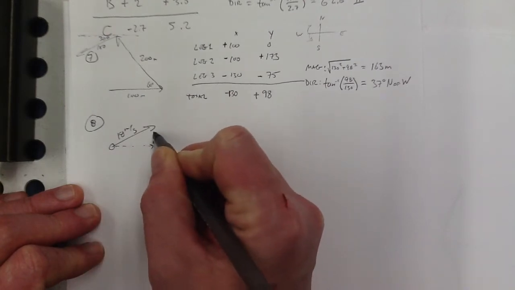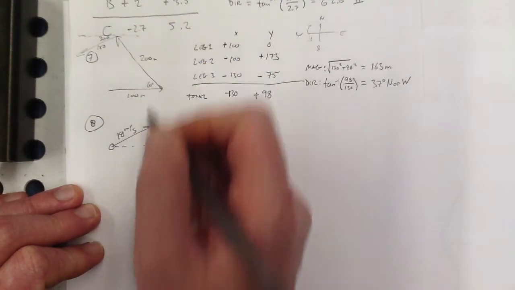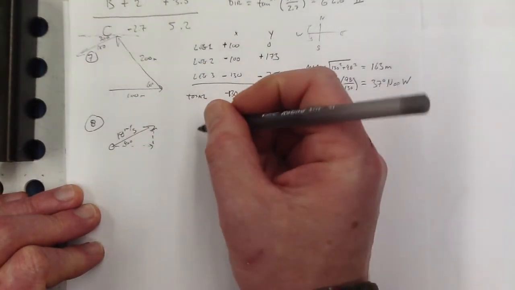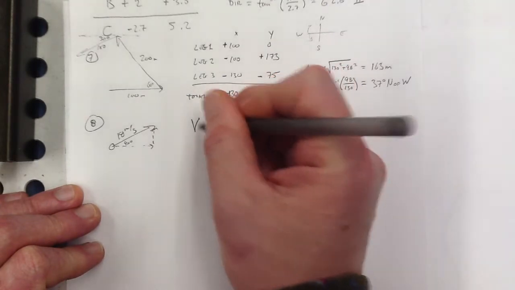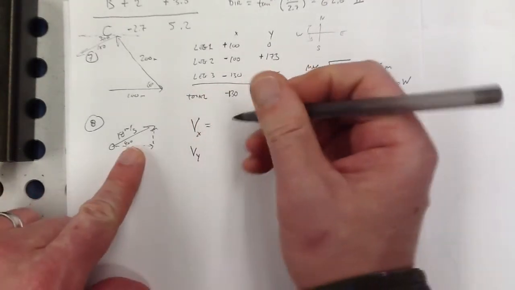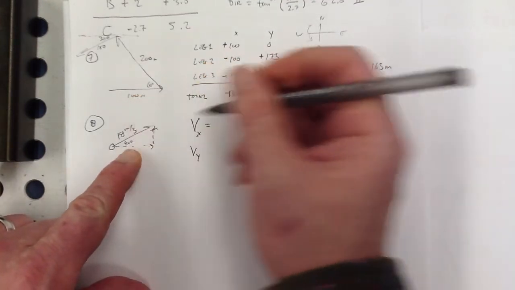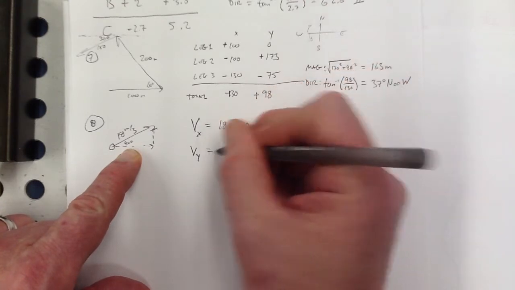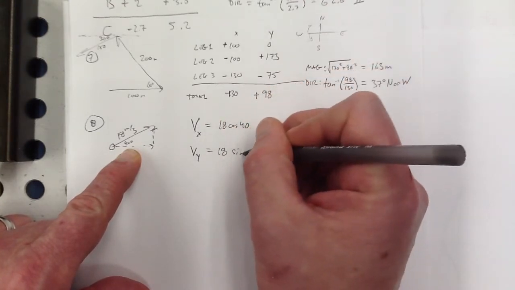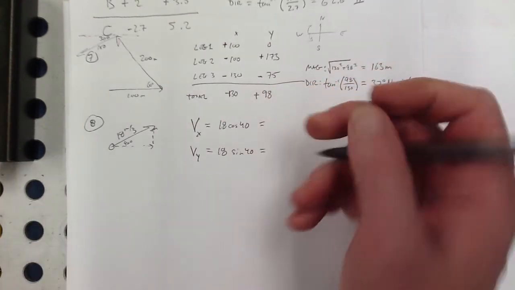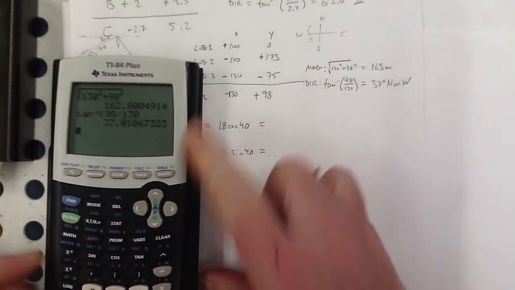Compared to what we just did in 6 and 7, this is a super short, easy problem. All I have to do is the velocity in the x direction, the velocity in the y direction is 18 cosine 40 and 18 sine 40, and that's it. If that seems kind of, I don't know, does that seem pointless to you to do?